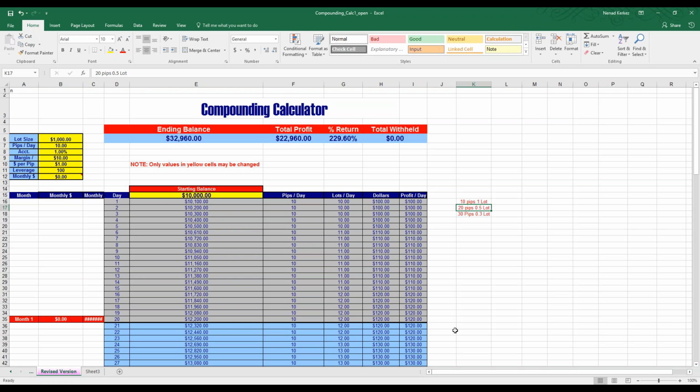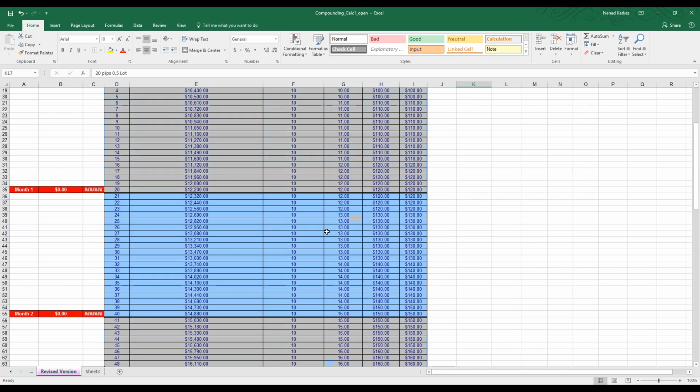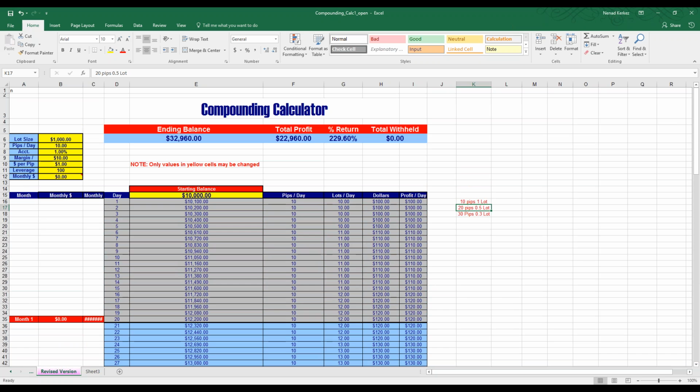This is simple math. This is not a trading system. This is not science fiction. This is simple math. If you can achieve 10 pips per day with $10,000 trading one lot, then this is achievable. So my advice is try to trade with compounding. Why not? Give it a chance. You don't need to go live if you're not ready.